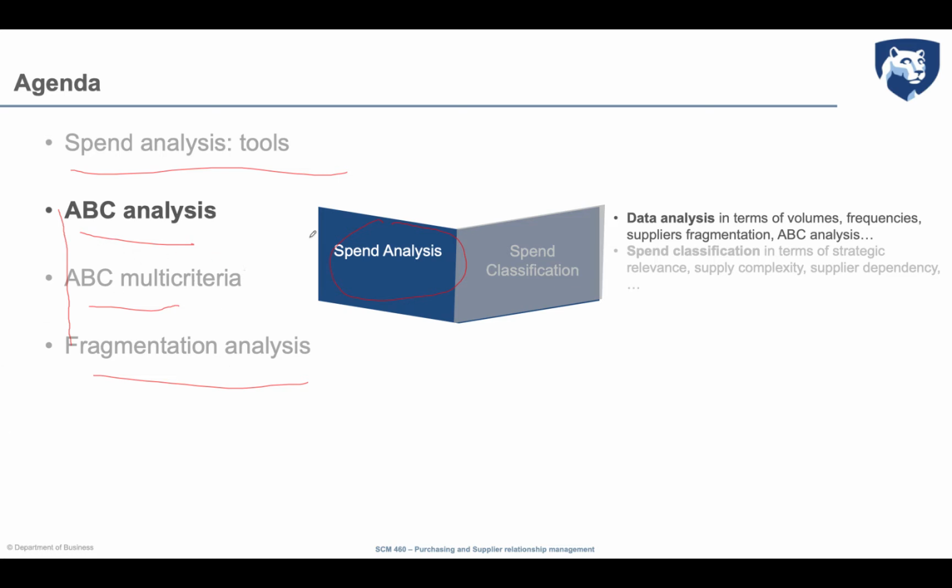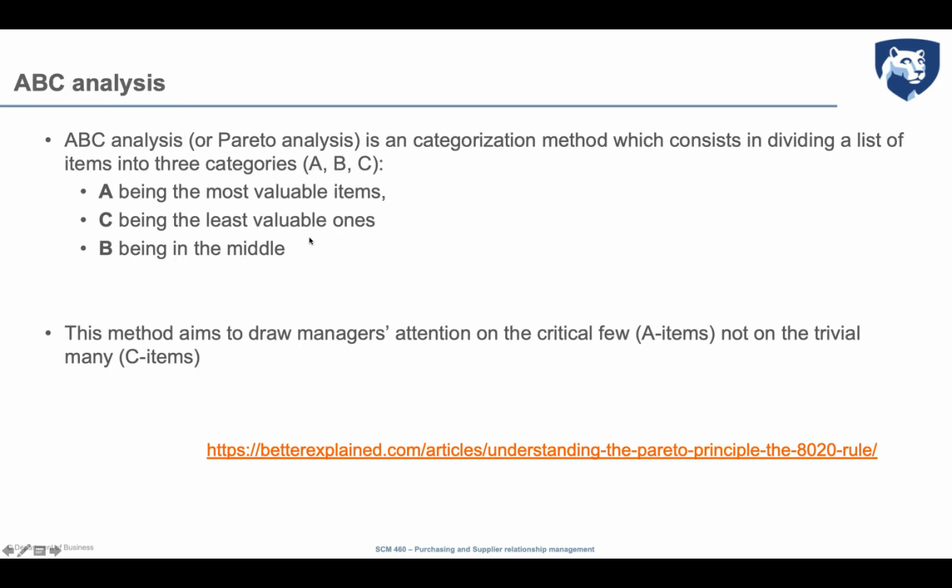The ABC analysis is a basic technique that supports the establishment of the priority and the relative importance among different items, which represent different units of analysis for purchasing. That's the idea of the ABC analysis.